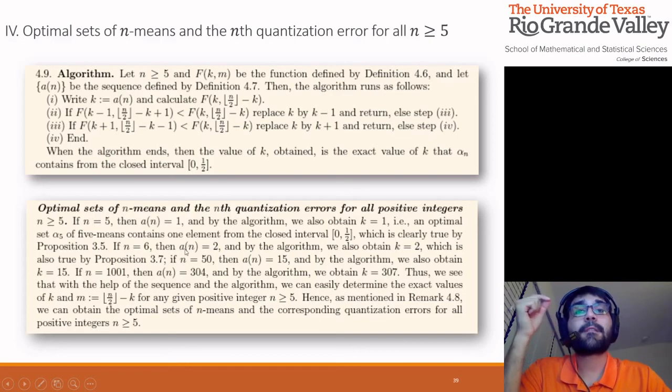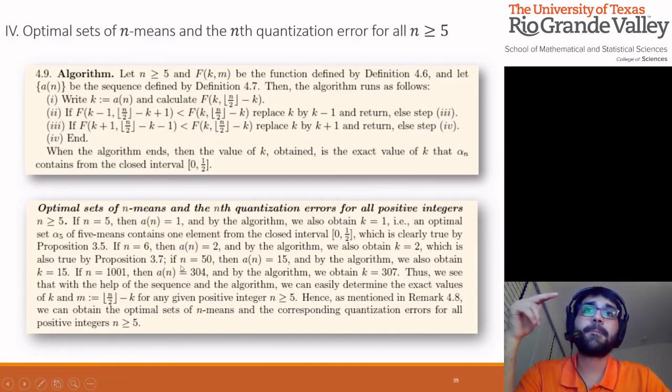If n equals 6, the sequence tells us that k equals 2, and when we run the algorithm we get k equals 2, which is true by proposition 3.7. When n equals 50, then k equals 15, meaning 15 quantizers between 0 and 1 half. When we run the algorithm, we obtain the same answer.